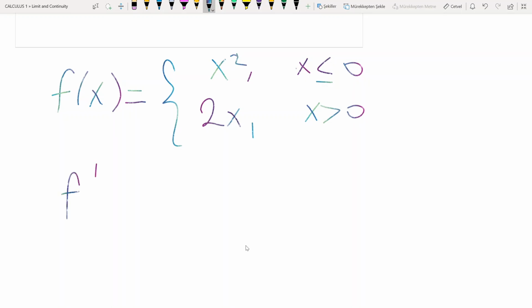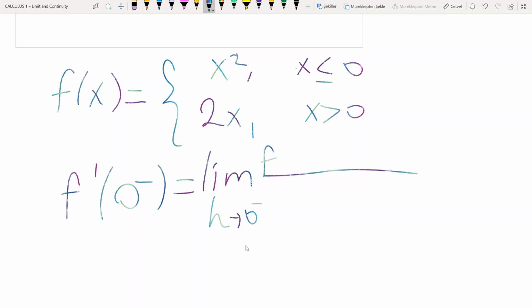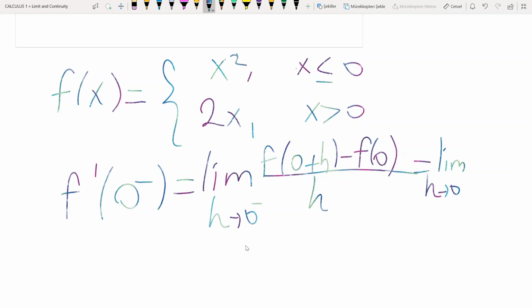The derivative of f at the point 0 from the left is equal to the limit when h tends to 0 from the left, by the formal definition of derivative, of f of 0 plus h minus f of 0, since we are looking at the derivative at the point 0, divided by h. This is h squared minus 0 squared divided by h, which is equal to 0. So the derivative from the left at the point 0 is 0.